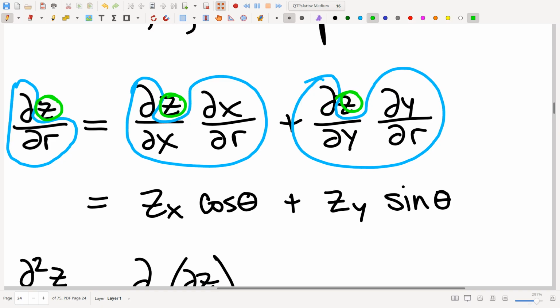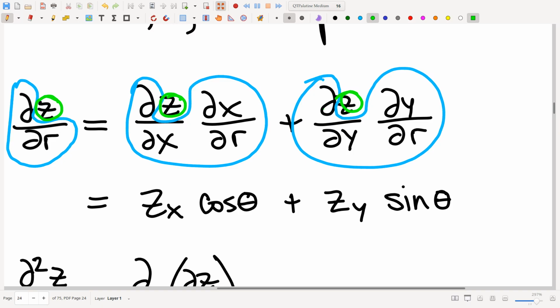Let's take a moment to recognize that on the left we have an operator applying to z. On the right we have an operator applying to z. They're always the same. I feel like that means that these operators are the same. Forget about z. The z is not the point. Z is just what you're applying these operators to. If these two sides of the equation are always the same, the operators should be the same.